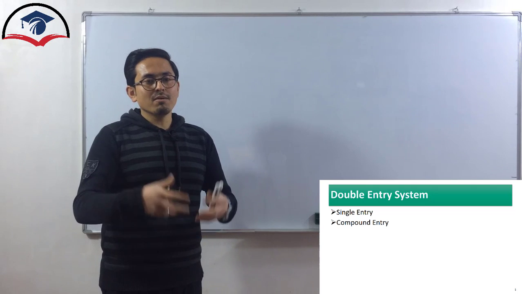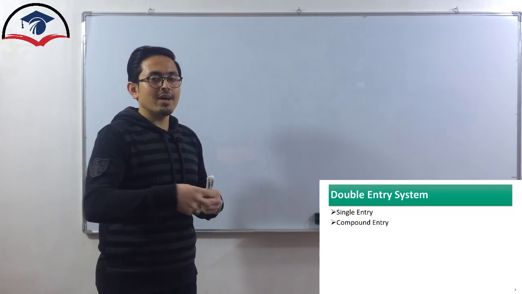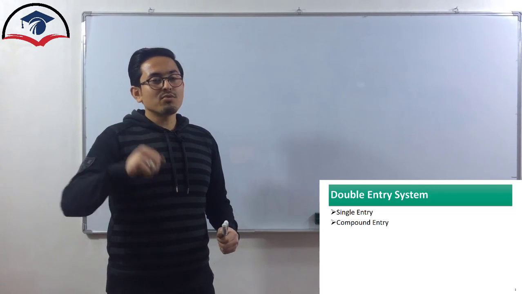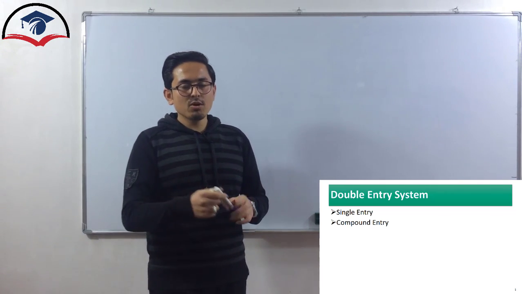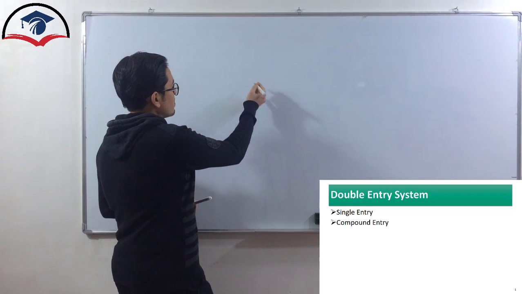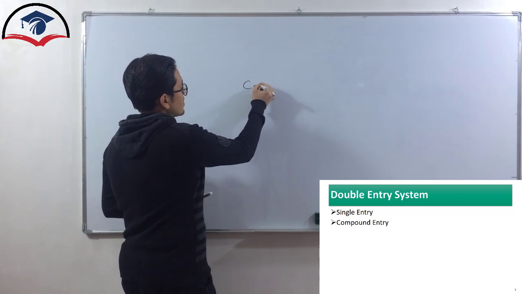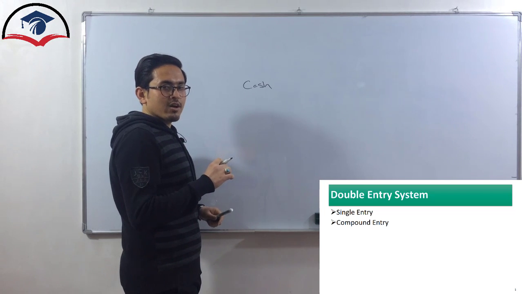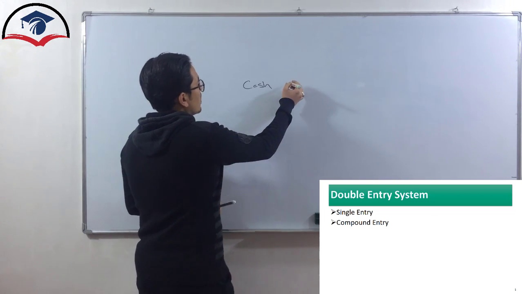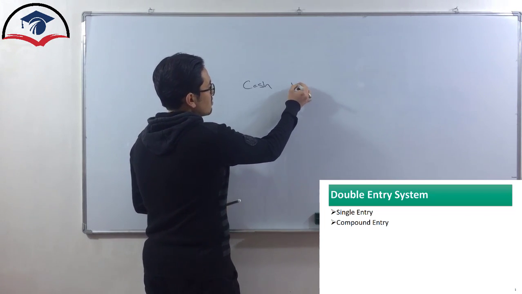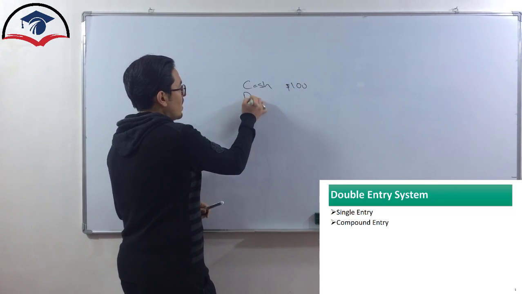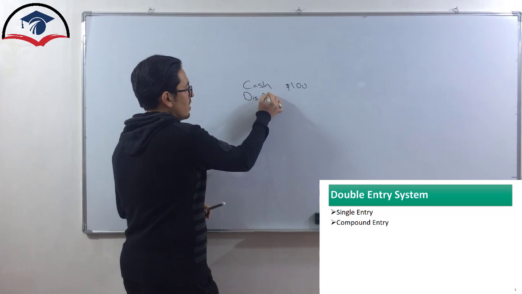But there are possibilities that I receive some cash for a receivable and I have allowed some discount. In such cases, three accounts will be affected. Let me go with a very simple example. Suppose I have received cash. Of course, we will come to how debit and credit occur. Cash will be debited, suppose by $100, and on the other side I have allowed a discount.